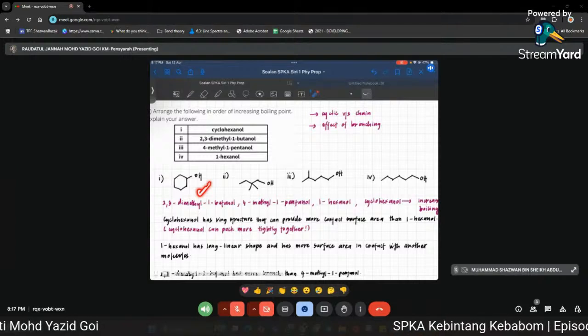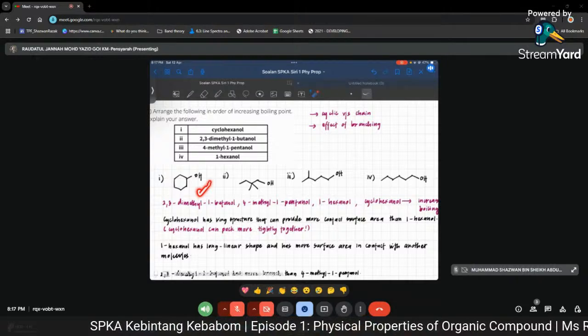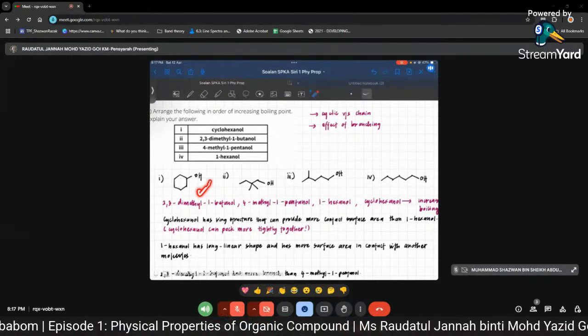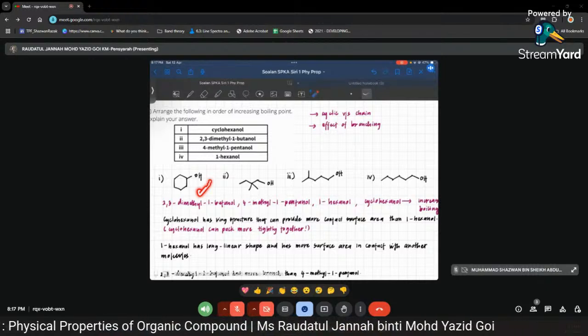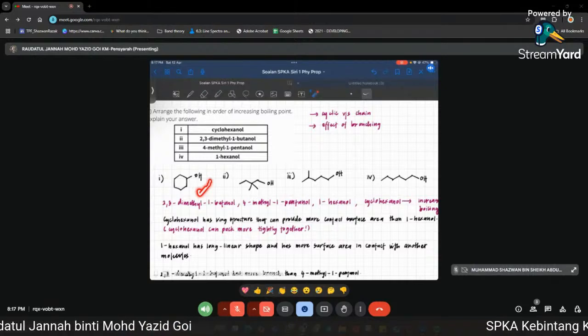Sebab arrangement of molecules for a cyclic structure, dia lagi compact daripada linear structure. Means you boleh susun you punya ring structure tu rapat-rapat. Okay, so lagi better at arrangement, basically. Okay, lagi banyak yang you boleh susun, lagi compact you punya arrangement, that means you have a stronger intermolecular forces.